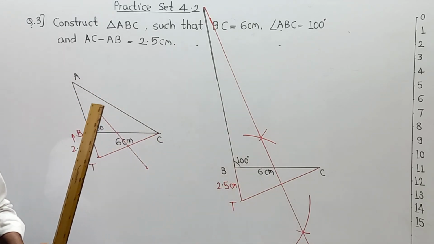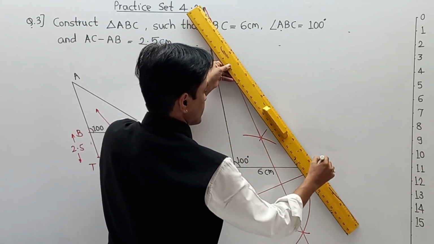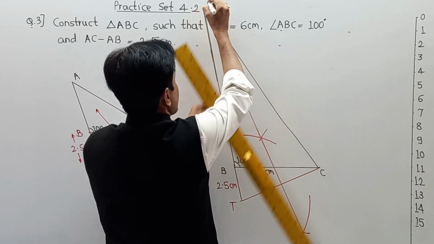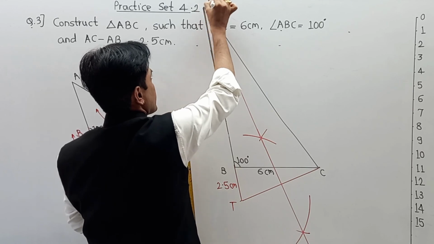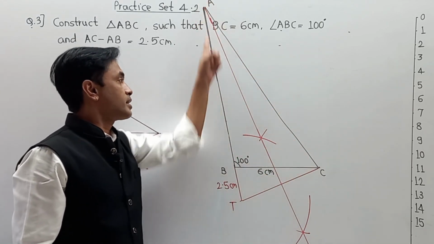And now you are going to join with this part over here. And that is your respective point A. And in this way we can complete triangle ABC.